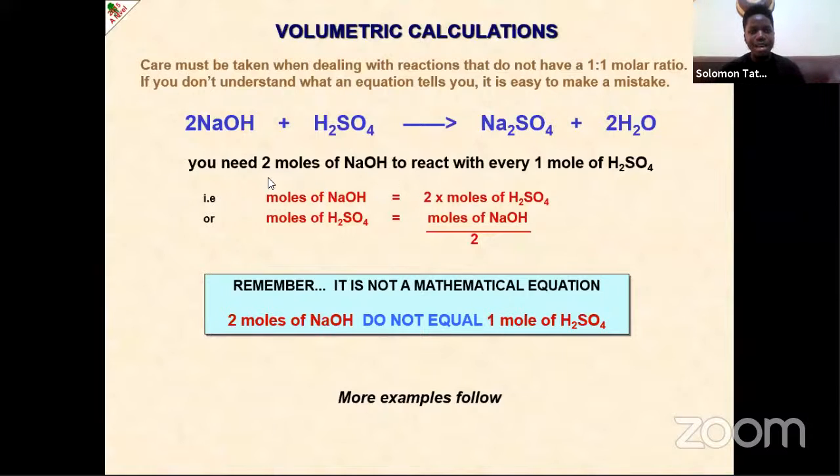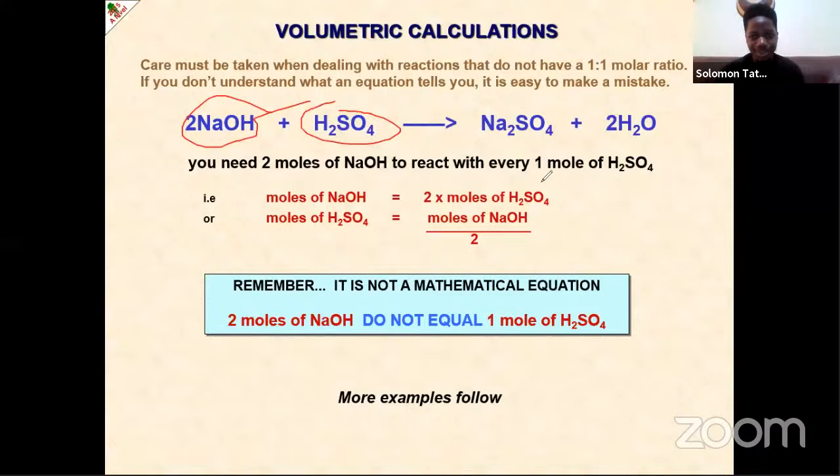For example, here, sodium hydroxide reacting with sulfuric acid, giving us the sulfate and water. This means that you need 2 moles of sodium hydroxide to react with only 1 mole of sulfuric acid.